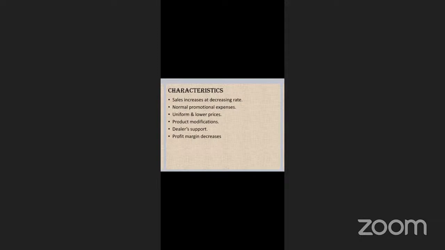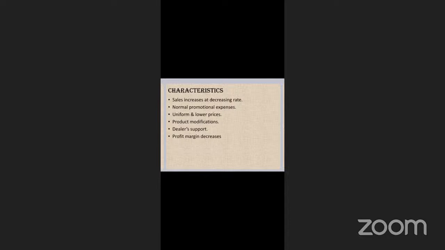Correct, ma'am. Okay, so what are the characteristics of the maturity stage? Sales increase but at a decreasing rate. There are normal promotion expenses, because the product is already known to everyone. Here the company doesn't want to waste money on promotional expenses. So there are uniform and lower prices.